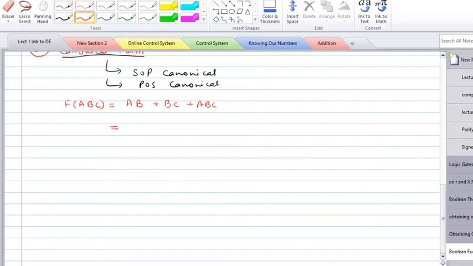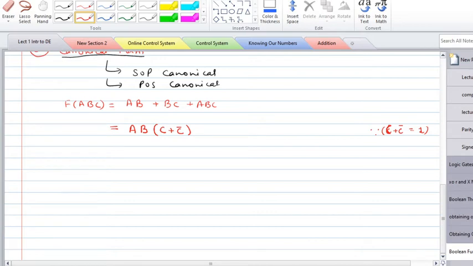C. So we use Boolean theorems and multiply it by c plus c dash, or c bar, because c plus c bar results in a 1.